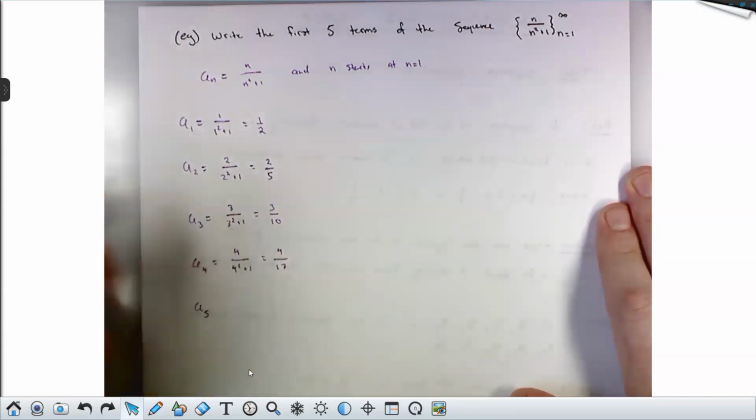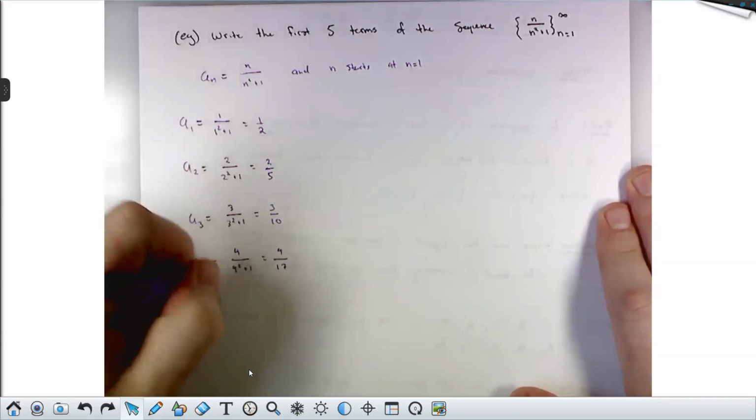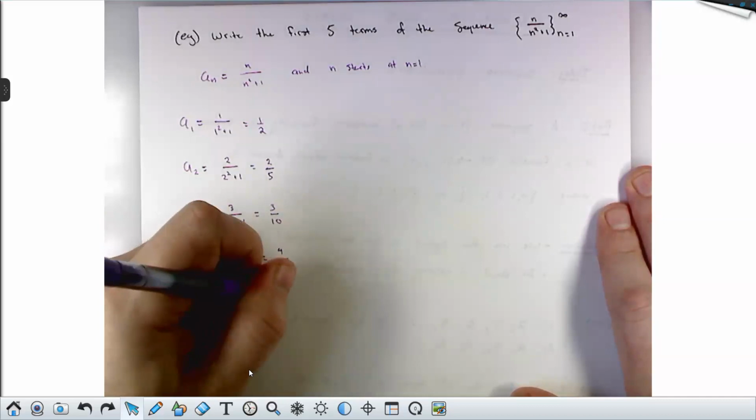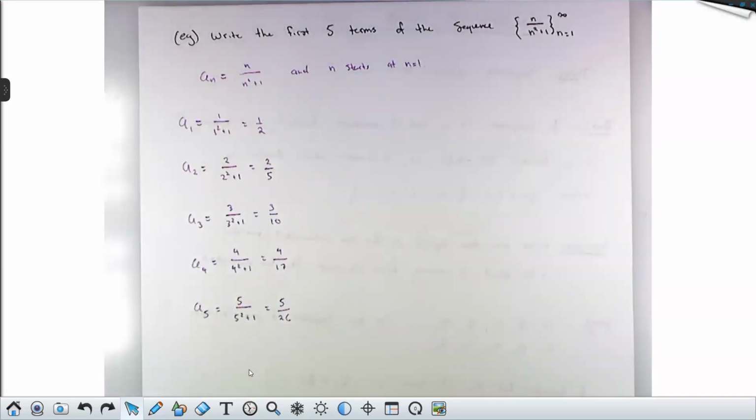And a_5, this is 1, 2, 3, 4, 5 terms, is 5 over 5 squared plus 1, which is 5/26. So those are the first 5 terms. Sweet and simple.